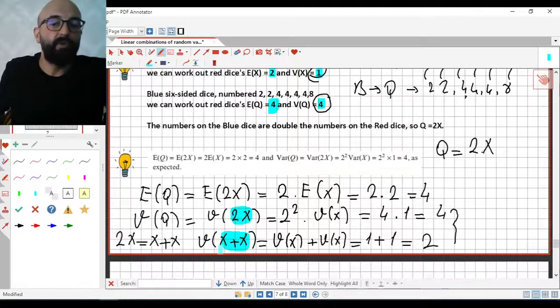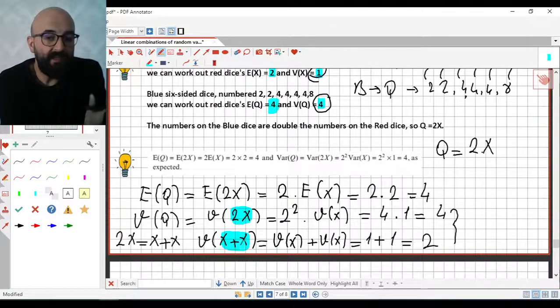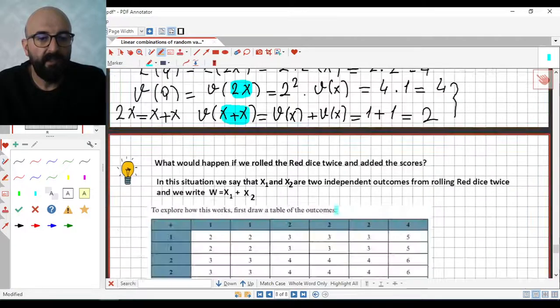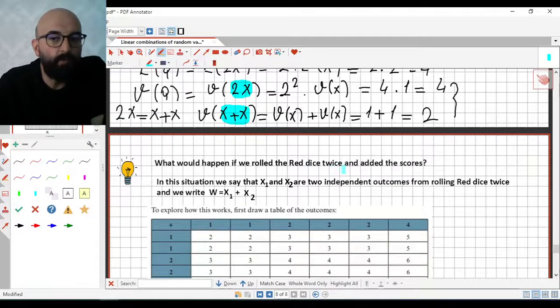But for the variance value, 2x isn't the same as x plus x. Okay, now what would happen if we rolled the red die twice and added the scores?